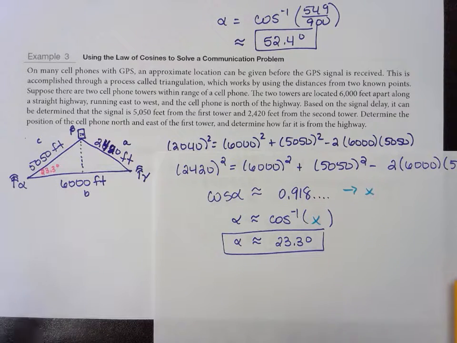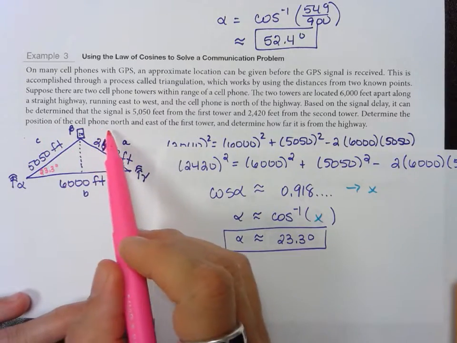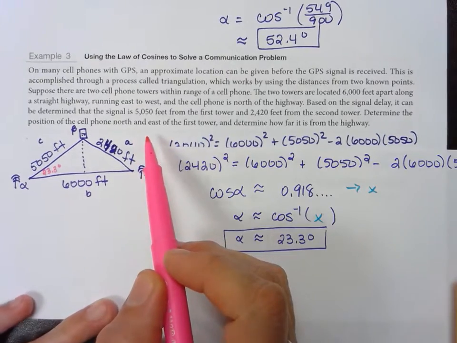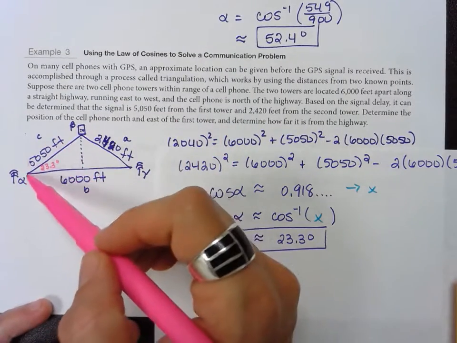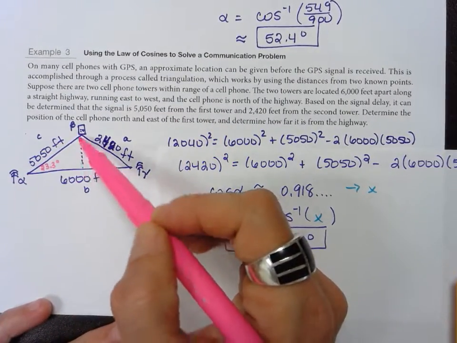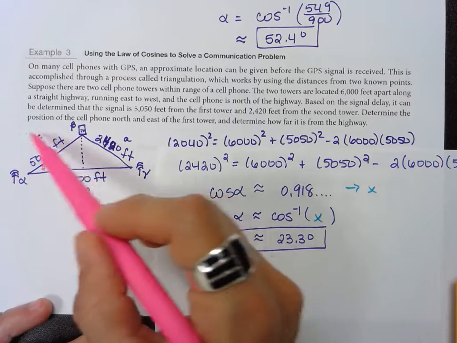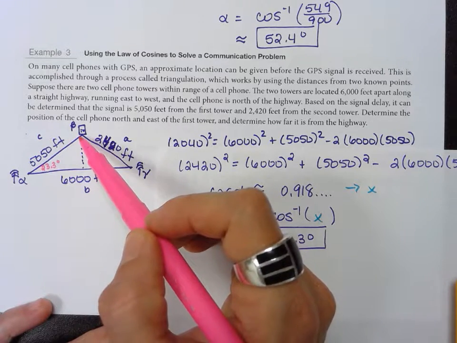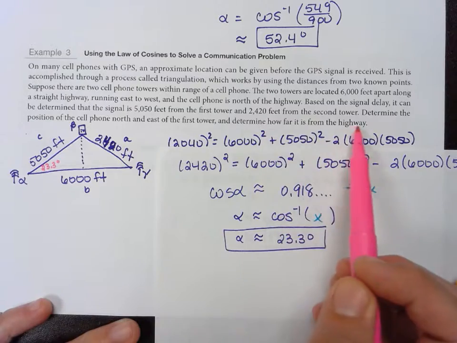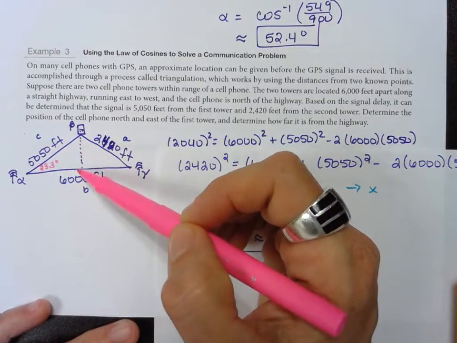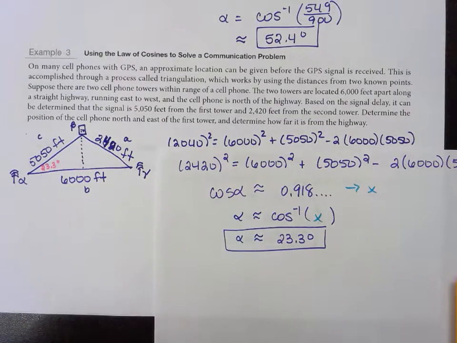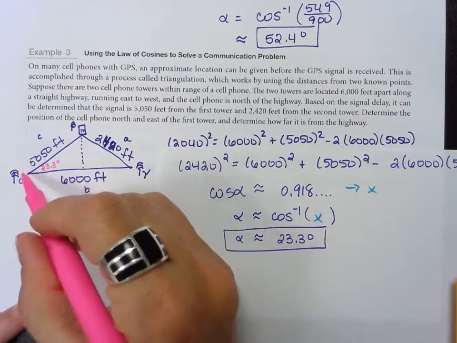Does this really tell us anything that we need? What did it ask us for? Determine the position of the cell phone north and east of the first tower. So this direction, which is the same as this direction, and east of the first tower, and determine how far it is from the highway, which is this one. So really what we need to do is work with this right angle right here.